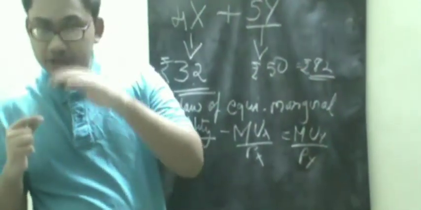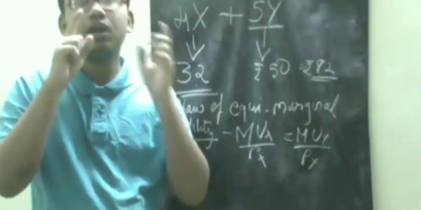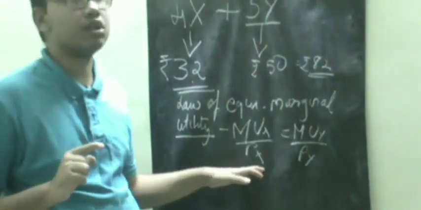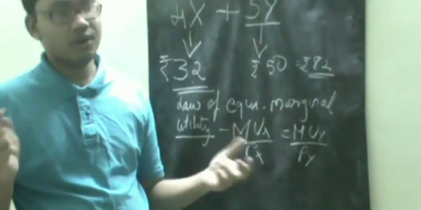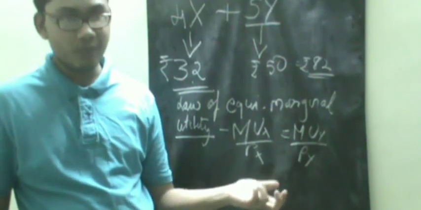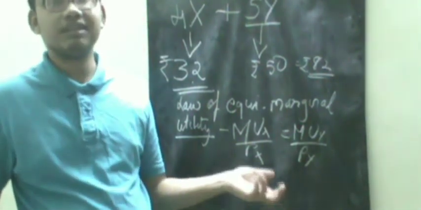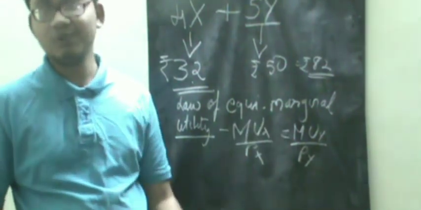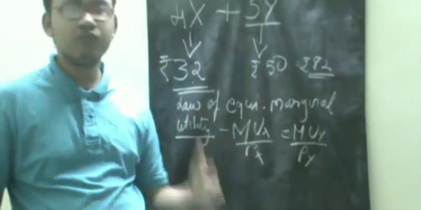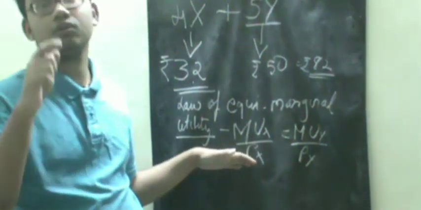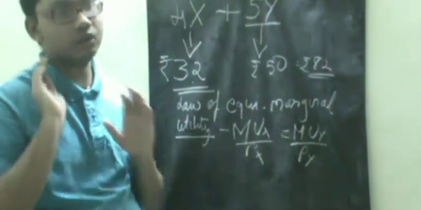With reference to the price paid, he or she should maximize satisfaction. That's why this law holds. If you are asking me anything more about this law of equimarginal utility, I can't tell you because I didn't formulate this law. The reason this law is most important is it relates the utility to the price.